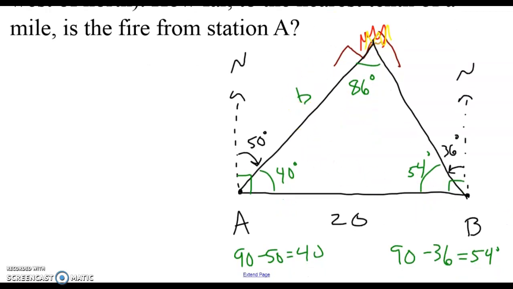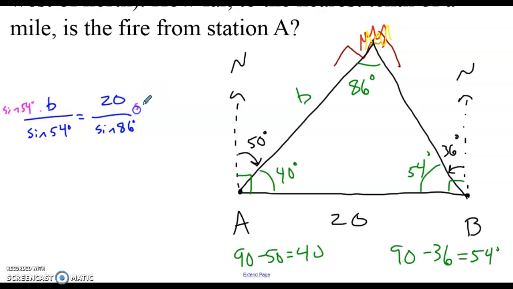So I set up the law of sines. I want to find that side length b, so I say side length b over the sine of the opposite angle, that's sine of 54 degrees, is equal to, and now I'm going to choose the side length that I know, 20 over the sine of the angle opposite that side length of 20, which is 86 degrees. And then I can solve this the same way I've solved all these other ones.